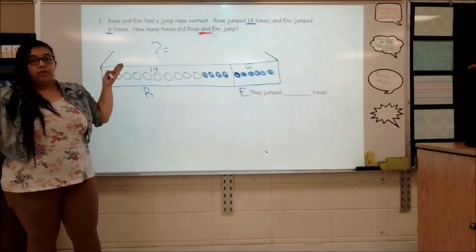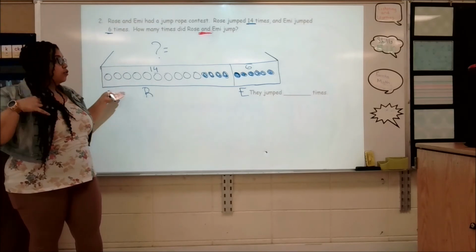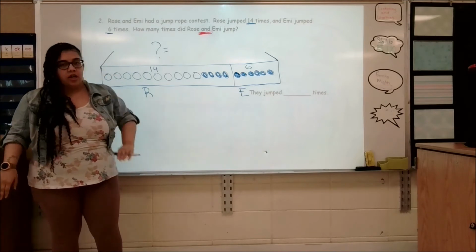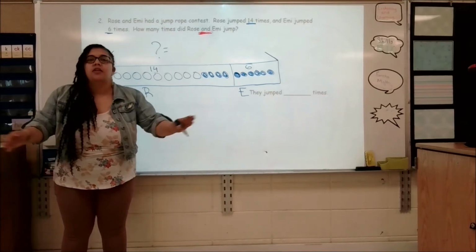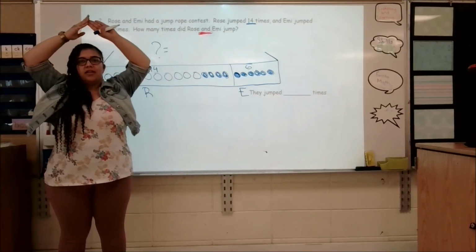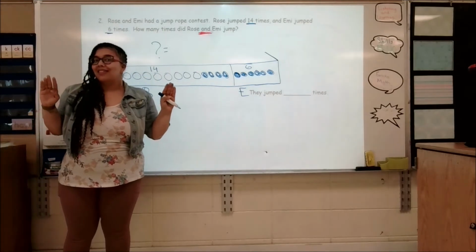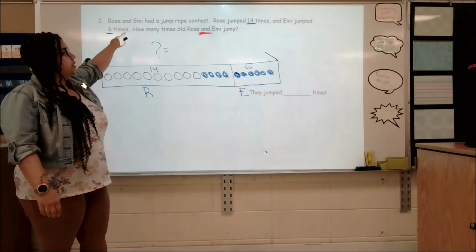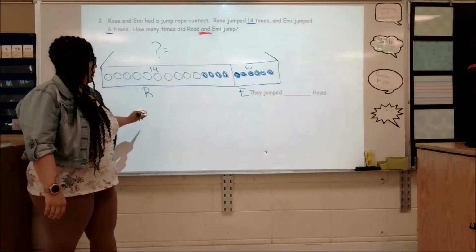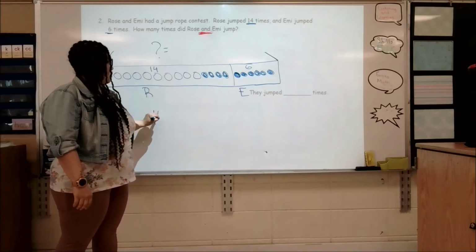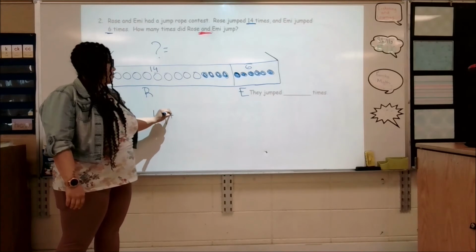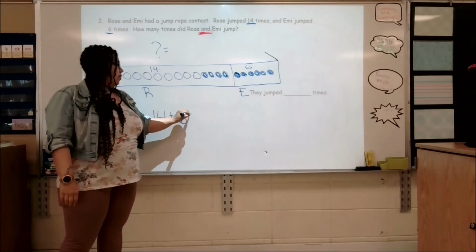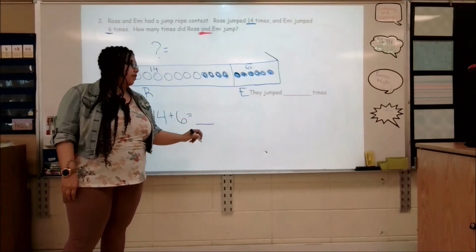I don't know. I could find it. I could use my tape diagram. So Rose's jumps plus Emmy's jumps equals... I don't know. Let's write our number sentence that matches the problem. So 14 jumps plus 6 jumps equals blank number of jumps.